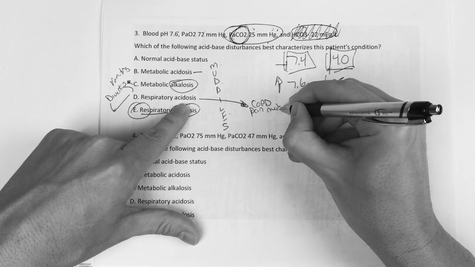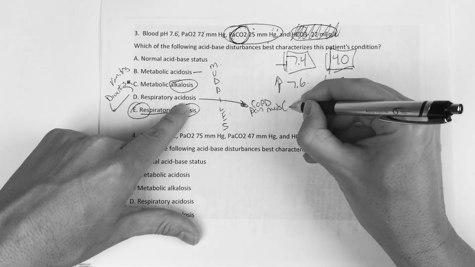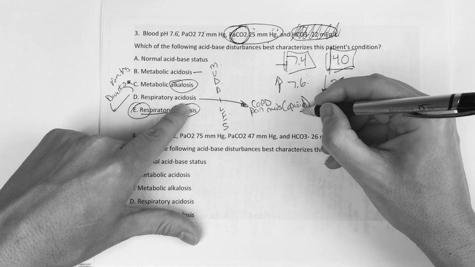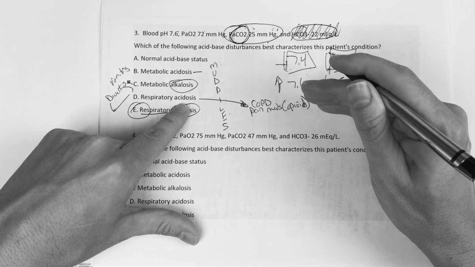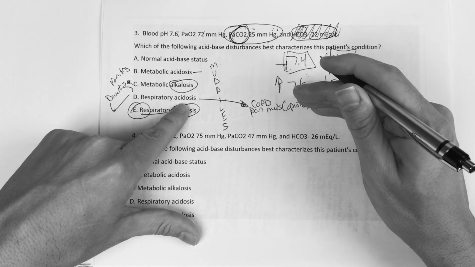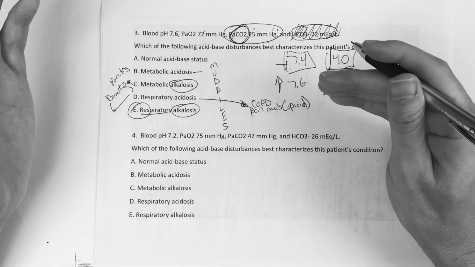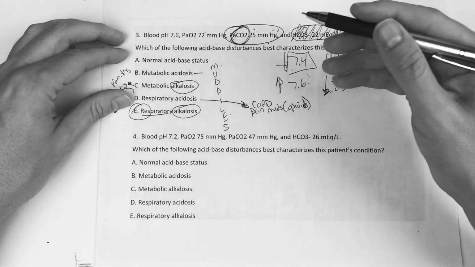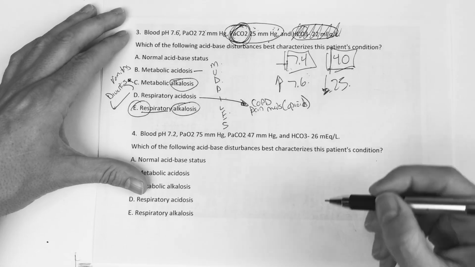Pain meds too much, the respiratory suppression, opioids, that's kind of like the big one that's been around for a while. Anything that's going to cause pulmonary edema, bronchitis, severe asthma, they can all cause retention of the CO2.